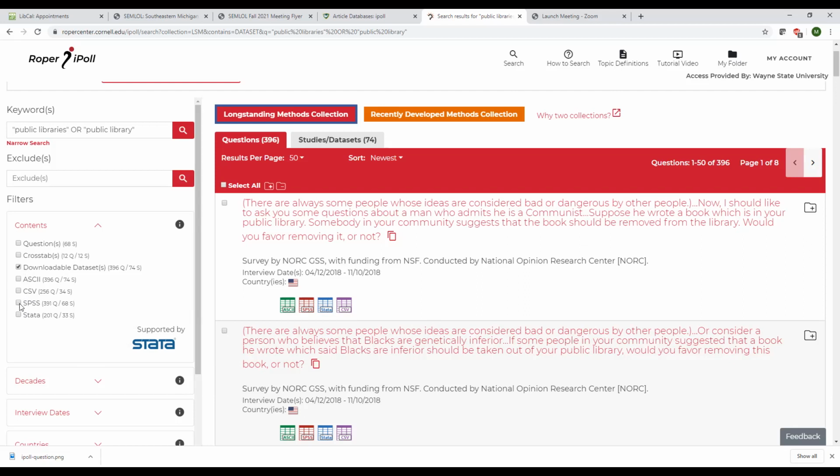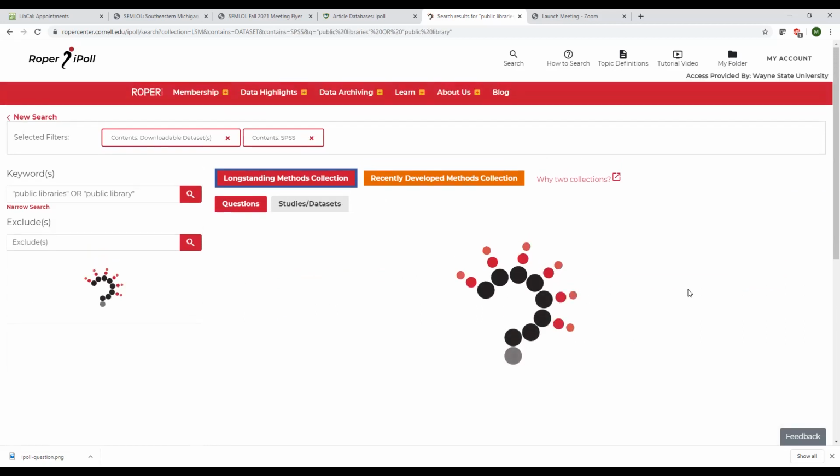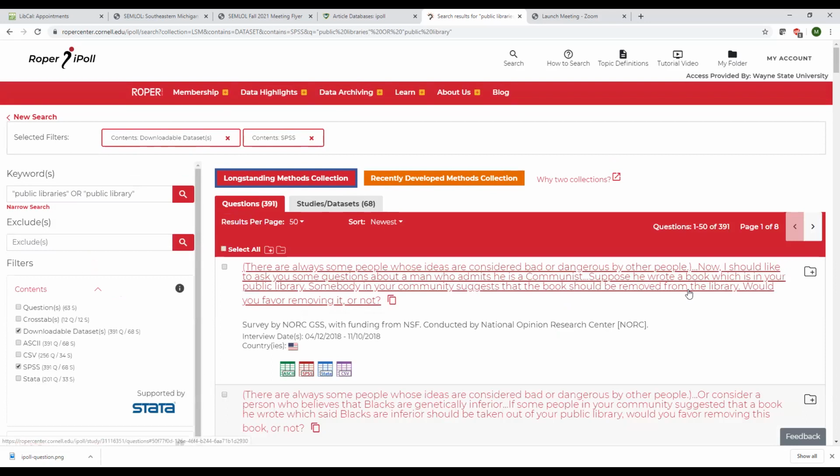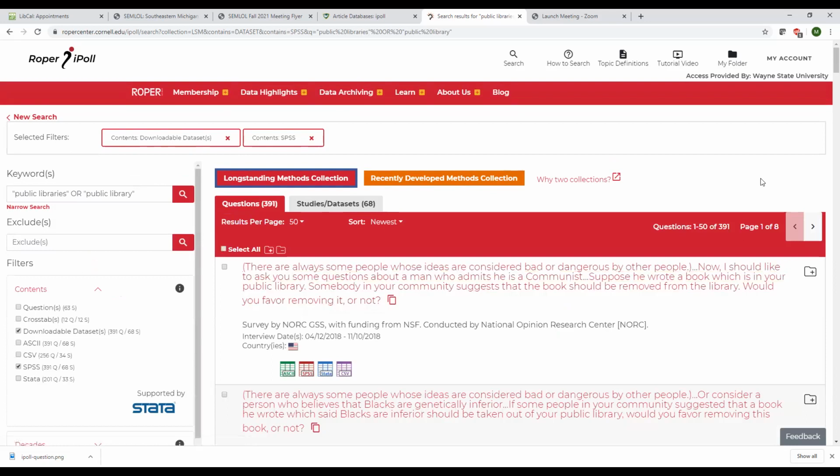And then you could have the data set there. Then you would know that all of these would work. And so then the default for anything in iPoll is the newest comes up first, but you could also think about, would you like to see some relevancy ranking possibly in this public library thing?